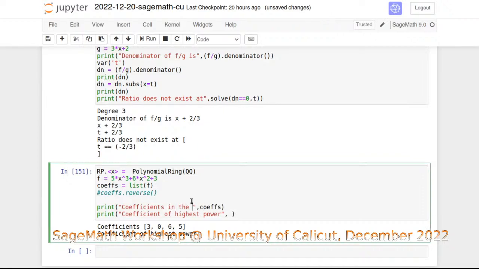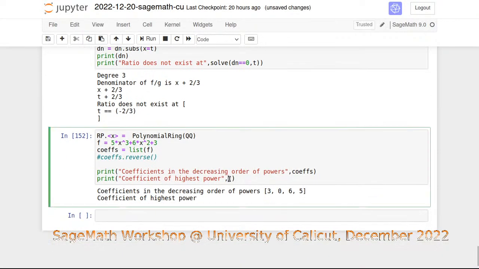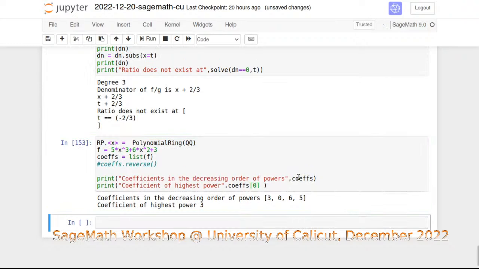In the decreasing order of powers, it's here. Therefore, the coefficient of the highest power, we can simply take as the 0th element. We can take it like this. Coefficient of the highest power is, oh sorry, I didn't reverse. It's here.